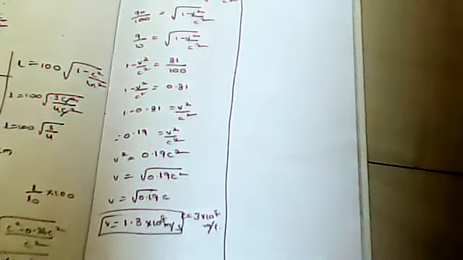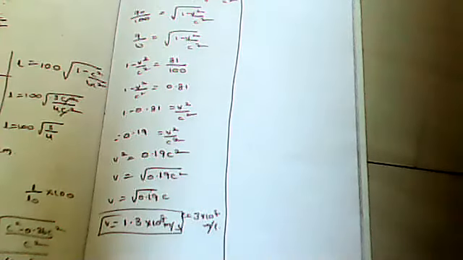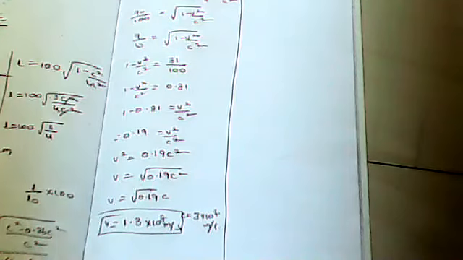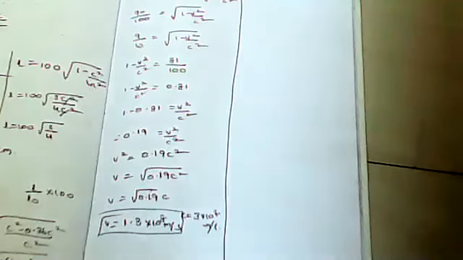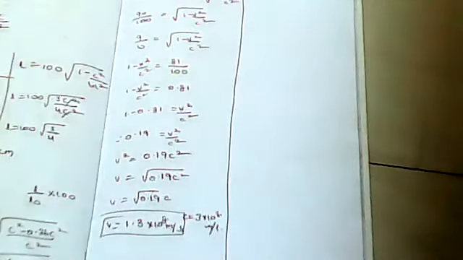A vector in a moving system is represented by 8i plus 2j.